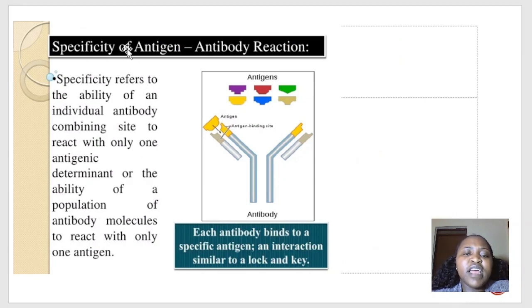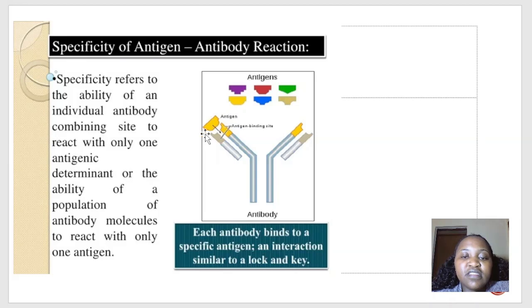Now, it is important when we talk about specificity, because this also comes into play when we are looking at disease or even laboratory tests that utilize this immune-based reaction. Specificity refers to the ability of an individual antibody combining site to react with only one antigenic determinant.